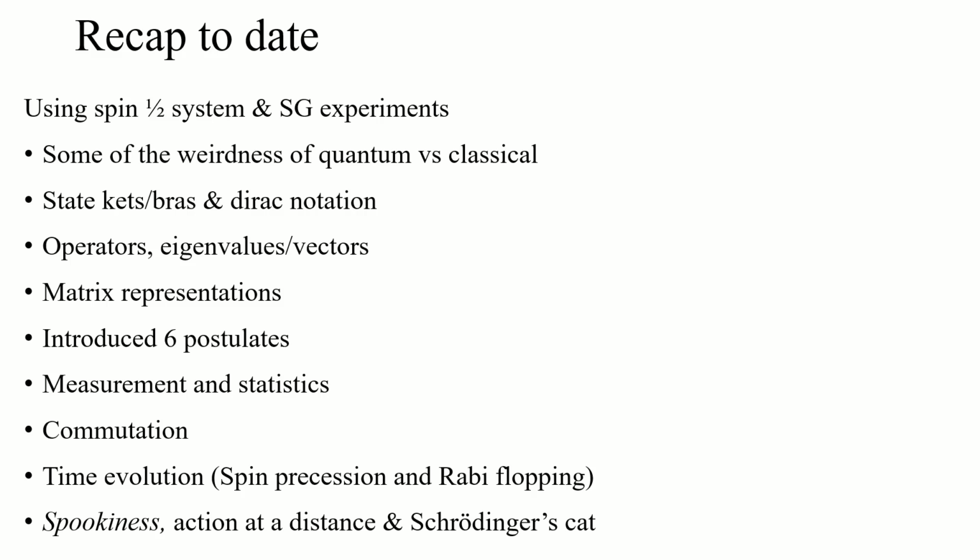Chapter 4 was kind of separate, looking at some really interesting quirky things associated with quantum mechanics, in particular this spooky action at a distance that Einstein discussed, and then Bell's inequalities showed the true weirdness of what was going on there, as well as the Schrodinger's cat Gedanken experiment.